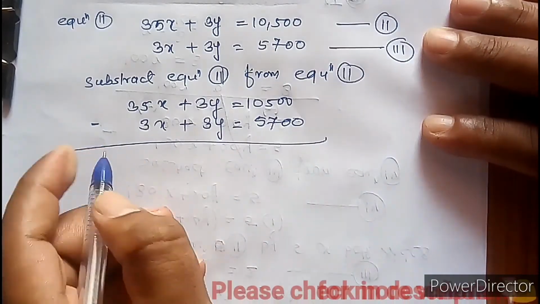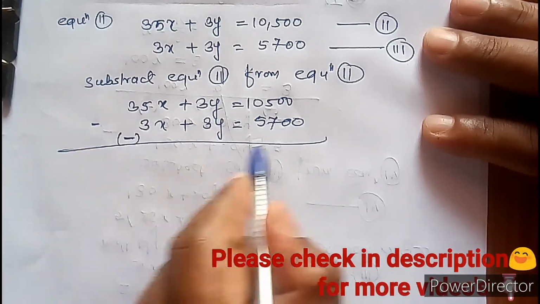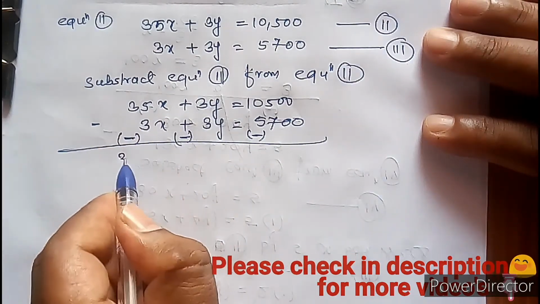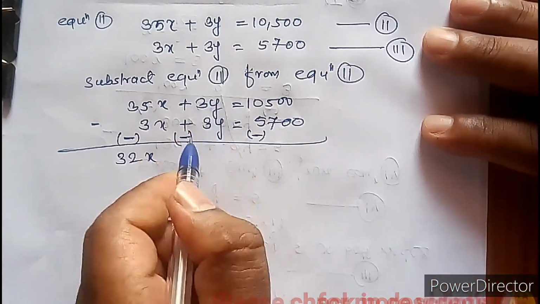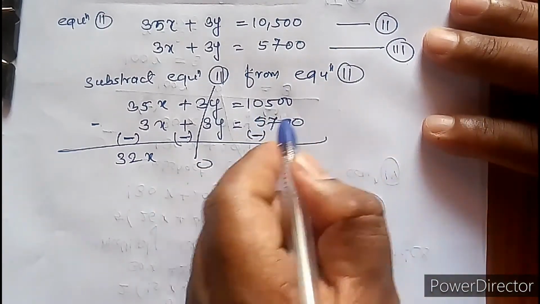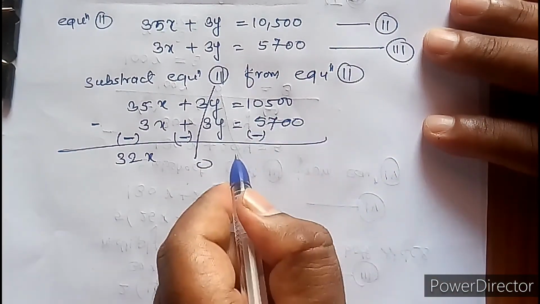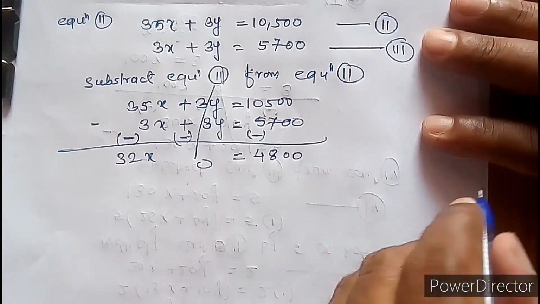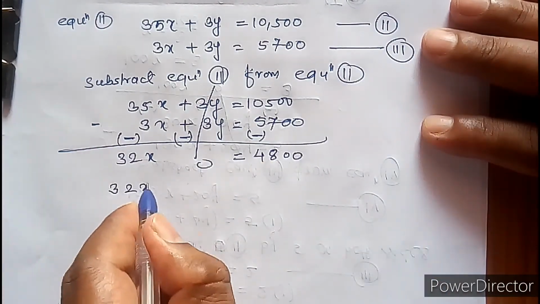Now here the minus sign will change the signs, plus becomes minus. Now 35x minus 3x will be 32x. Now plus 3y minus 3y get cancelled, 10,500 minus 5,700, simple subtraction, it will be 4,800.